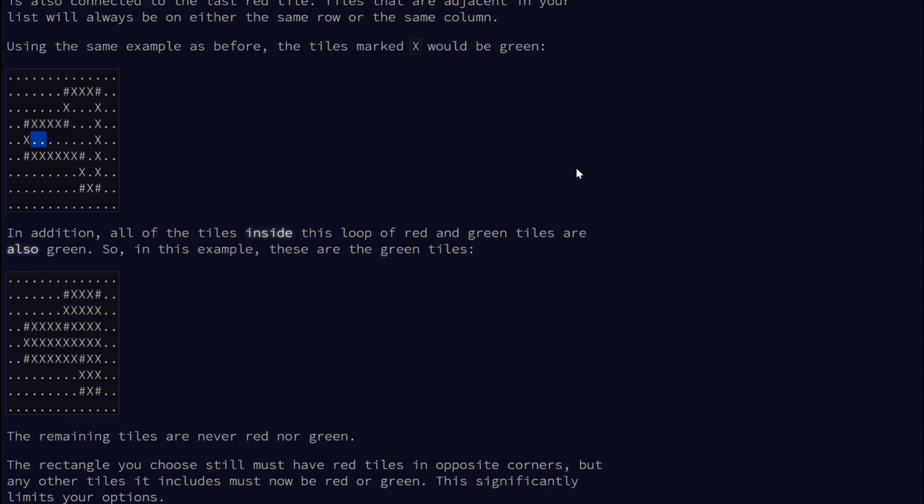So my plan is to, when I lay out all the red tiles, also lay out green tiles as I'm doing so, just along the borders. And then do a second pass where I go over all the red tiles again.